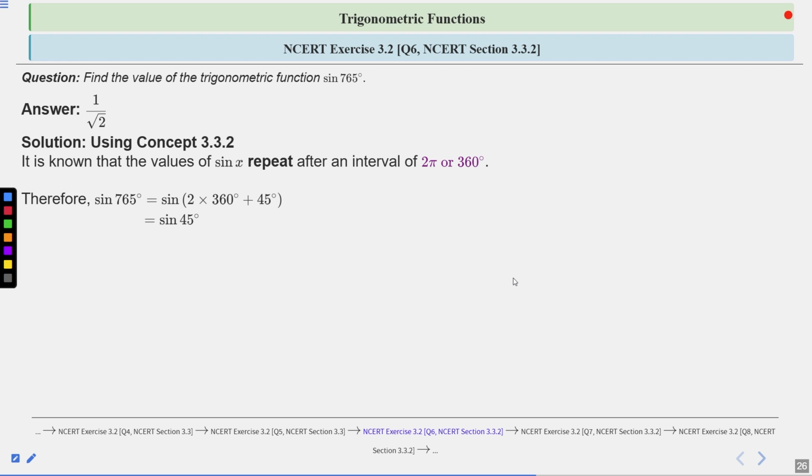Therefore sine 765 degree will be equal to 1 upon root 2.